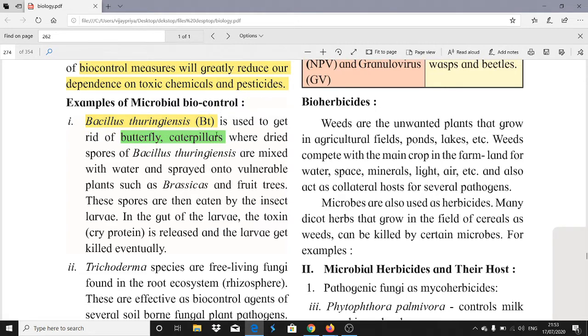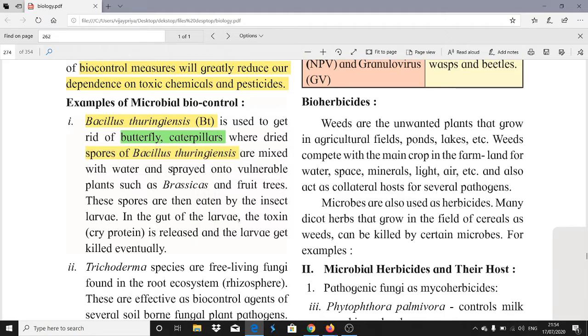In the microbial biocontrolling mechanism, what we do is dry the spores of Bacillus thuringiensis. So the spores of BT are taken. This is the first step.